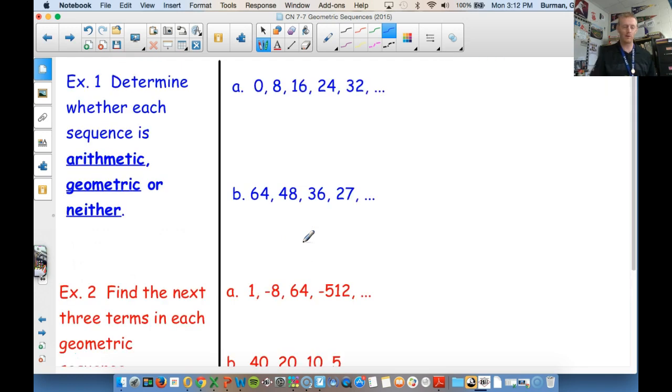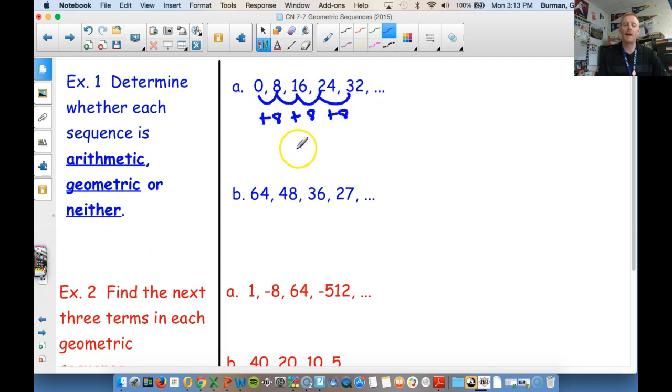So here's our first problems. Example number 1, we have an A and a B. Our job is to determine if the sequence is an arithmetic sequence, a geometric sequence, or neither. So if we look at these, from 0 to 8, 8 to 16, 16 to 24, 24 to 32, hopefully you're seeing a quick pattern of adding 8 every single time.